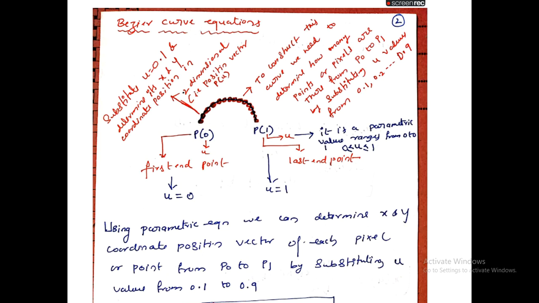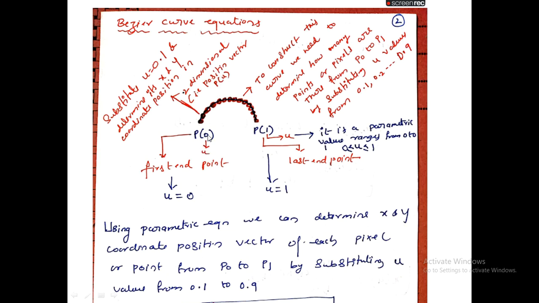Now let us start finding the pixel positions to create a curve. Assume that the first pixel position is p of u, that is p of 0. You need to substitute u values from 0 to 1 and determine the x and y coordinate position in the two-dimensional position vector for p of u.